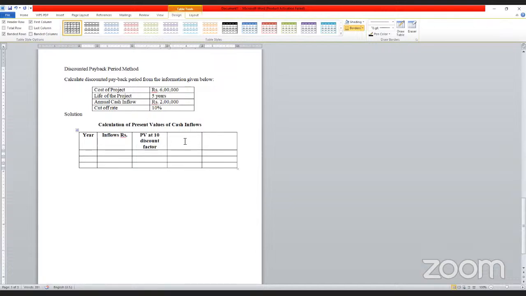Then we have present value, then cumulative present value.